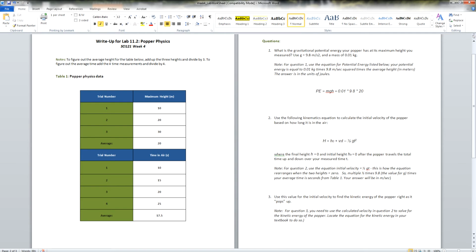If you multiply that out, that will give you 0.01 times 9.8 times 20, and the answer will be in joules. That's the unit of energy. So my answer here is 1.96 joules. So that is what I expect to see for that number.